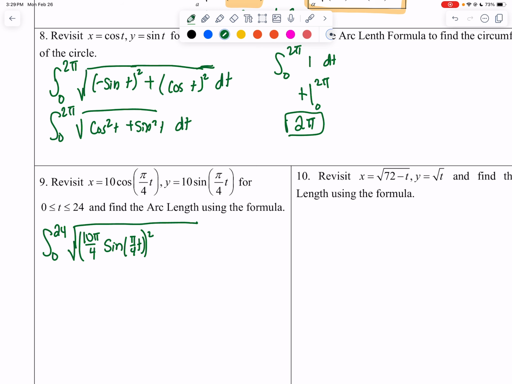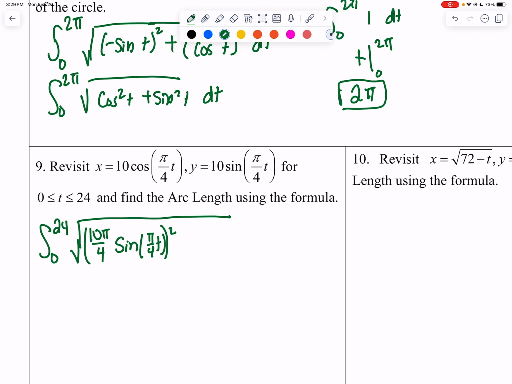Make sure that's negative also, because the derivative of cosine is negative sine. And then we have 10 pi over 4 cosine of pi over 4 t, squared, dt.